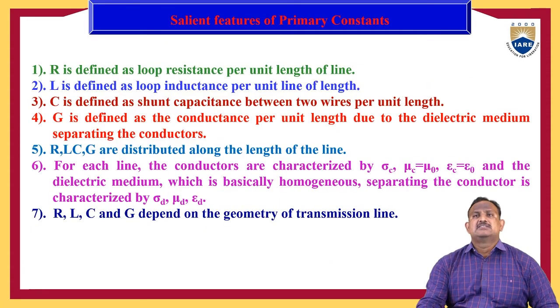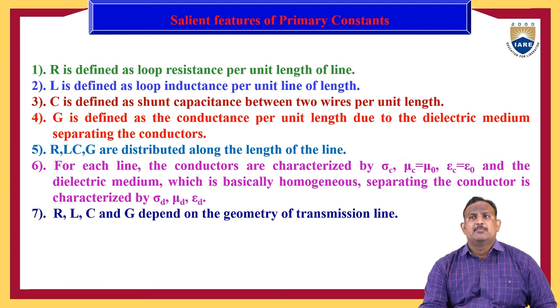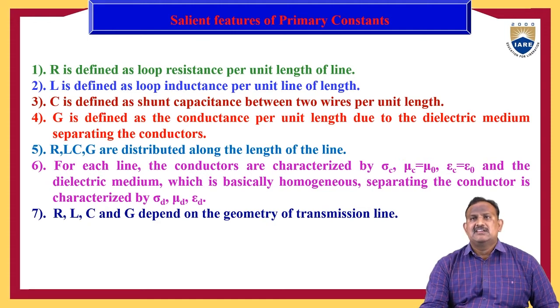R is defined as the loop resistance per unit length of the line. L is the loop inductance per unit length. C is the shunt capacitance between two wires per unit length. G is the conductance per unit length due to the dielectric medium separating the conductors.